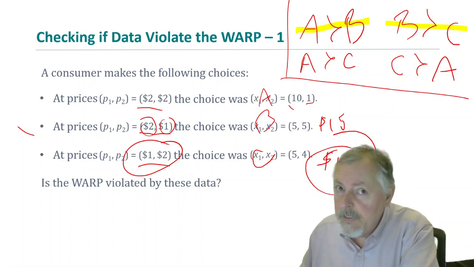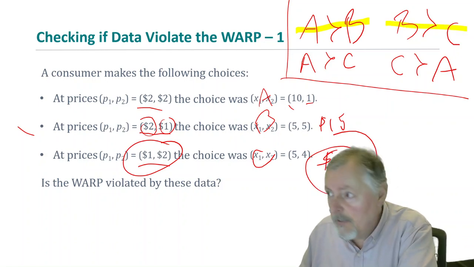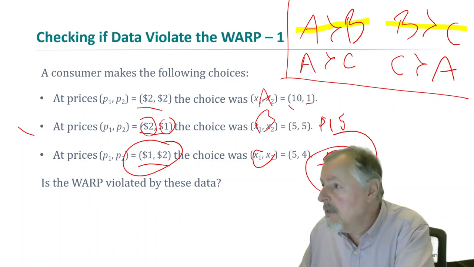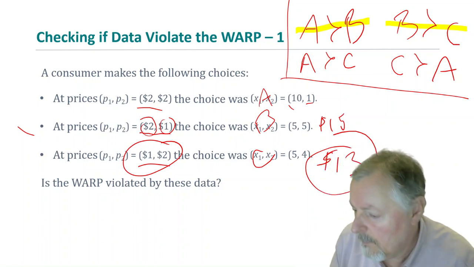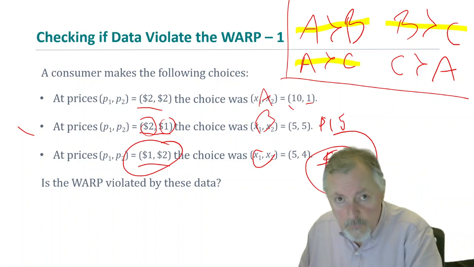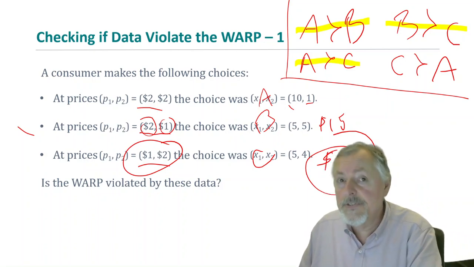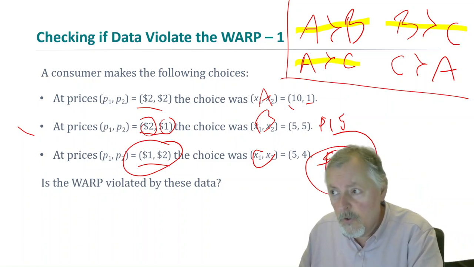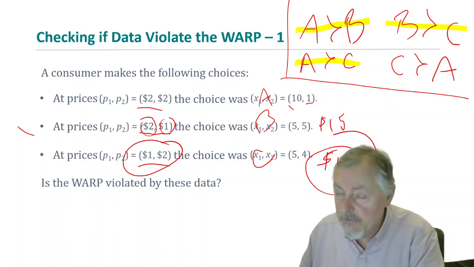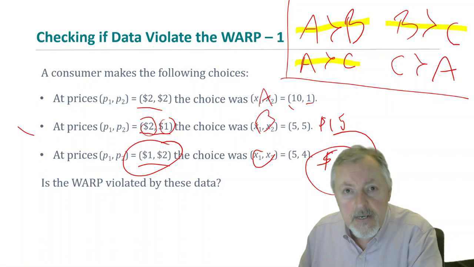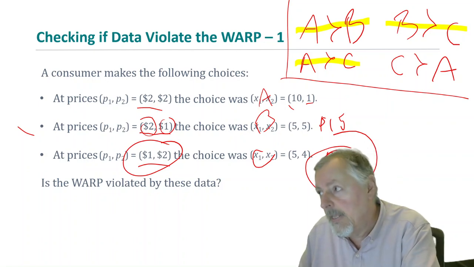This one. You directly revealed you like B better than C. Is there anything here that contradicts that? No. You directly revealed you like A better than C. There was a case where you could afford both of them and you chose A. That tells us you like A better than C. Is there anything here that contradicts that? Yes.